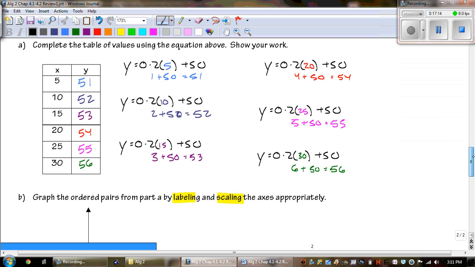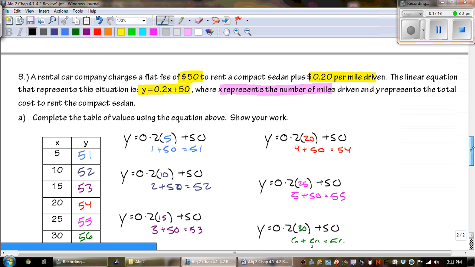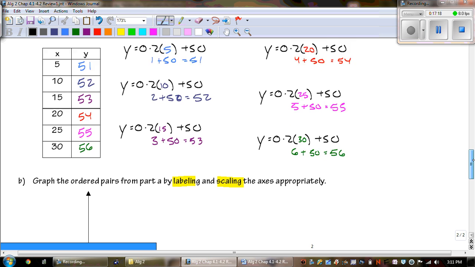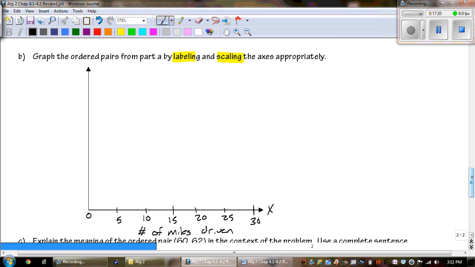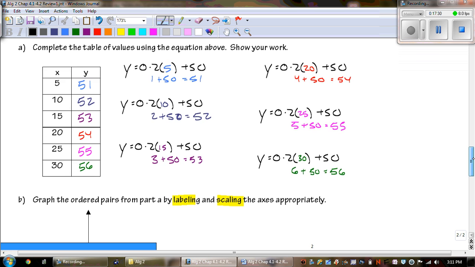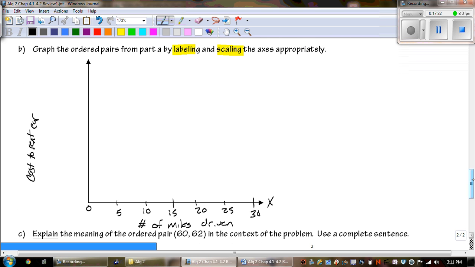And now the y-axis represents the total cost to rent the compact sedan. So this is the cost to rent the car. Now, I would not say count by tens because 10, 20, if we were to do that, all of our graph would be up here. I don't want to see that, okay?